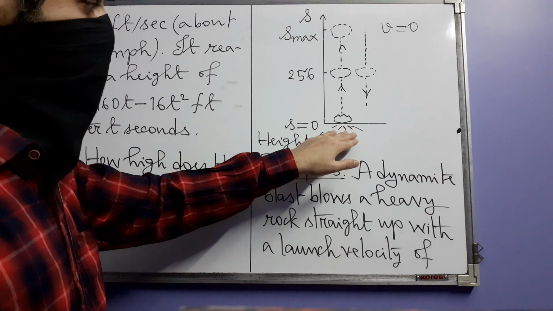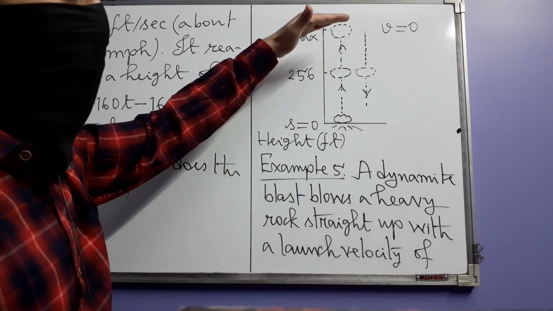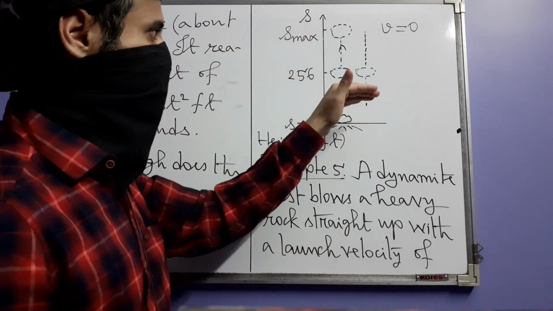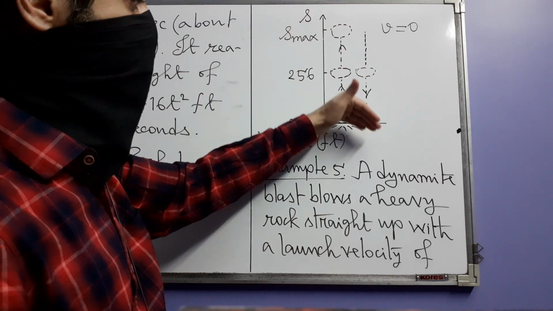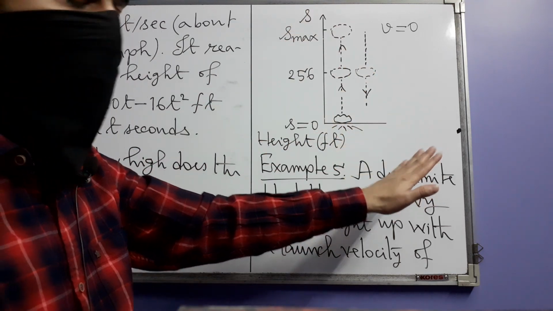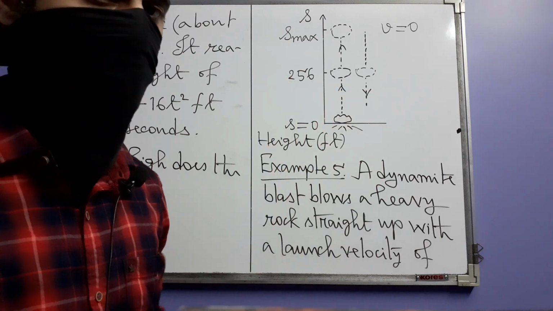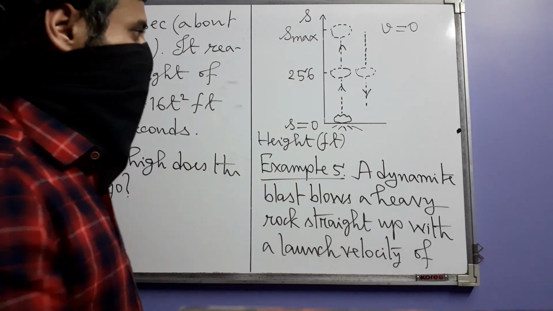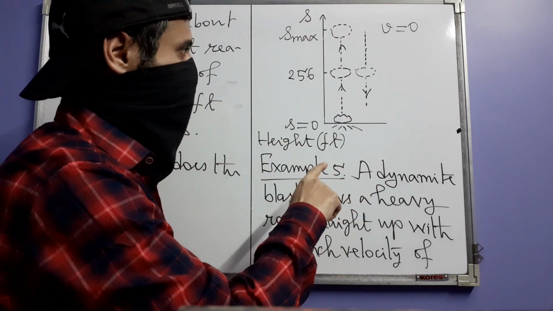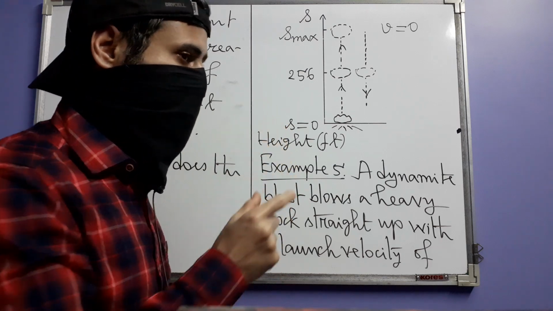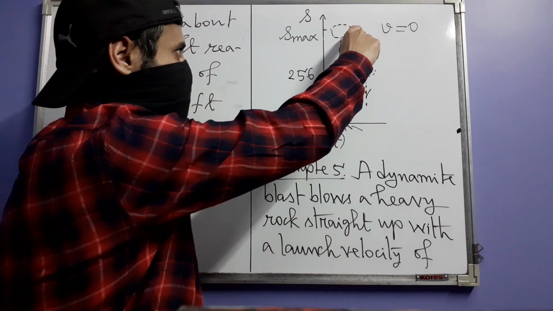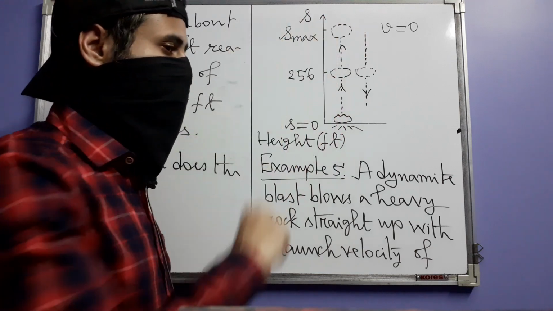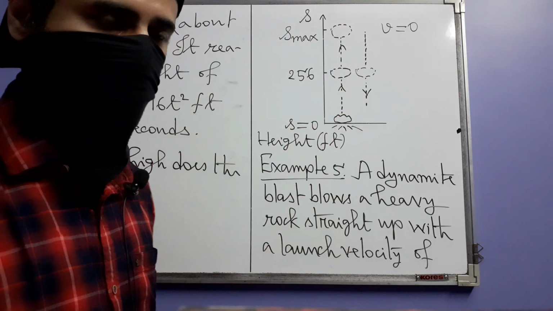There was a blast, it immediately went up due to the force, reached a maximum height, and then it started falling, and at some instant later it comes down and hits the ground. During this entire motion, the only time instant where the velocity is zero is this instant when it reached its maximum height.